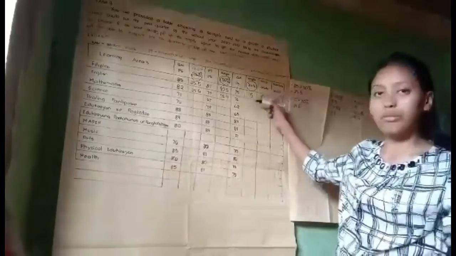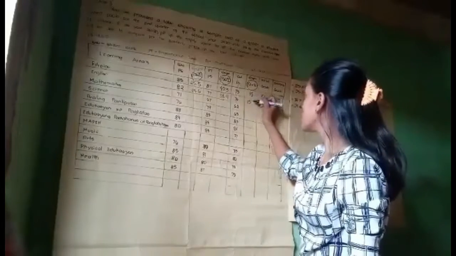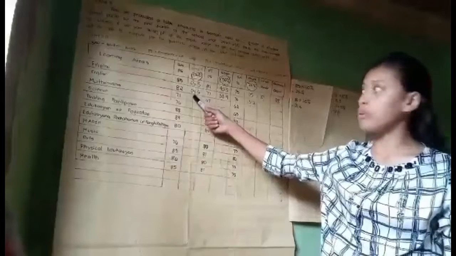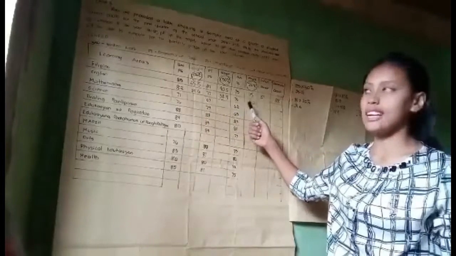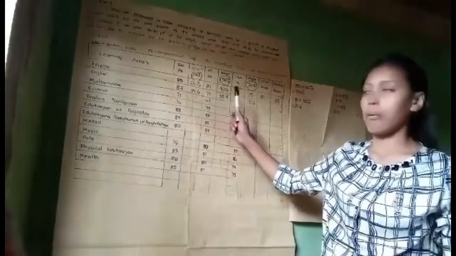So our weight of quarterly assessment is 15.2. For the initial grade of English, let's add the weight of written work, the weight of performance task, and the weight of quarterly assessment. These are 24.6, 38.5, and 15.2.